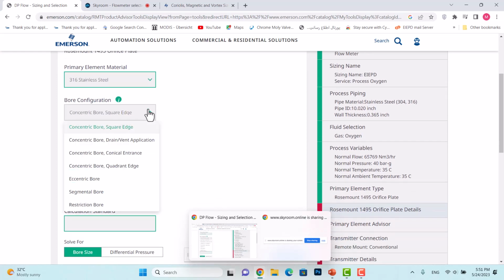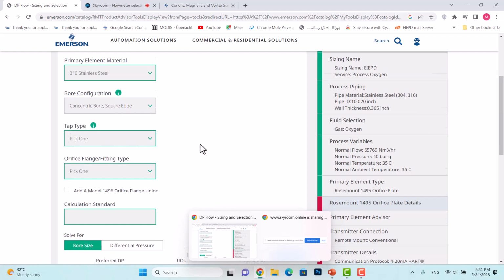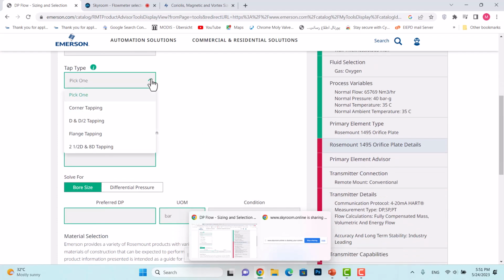Bore configurations: we have different bore configurations: concentric, eccentric, segmental, restrictions. All of them are going to be discussed in our videos. Don't worry about these ones. For now, select concentric bores, which is more common than others. Tap type: we have different tappings, corner tapping, flange tapping, and others. The most common one is flange tapping.